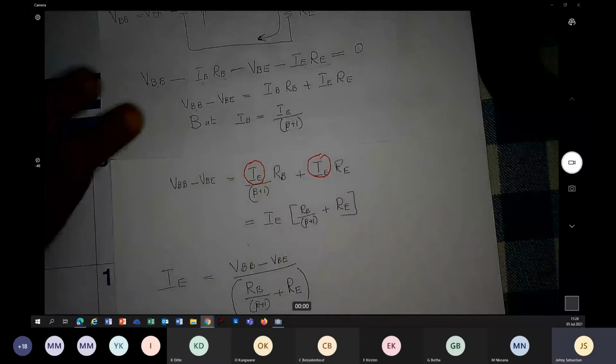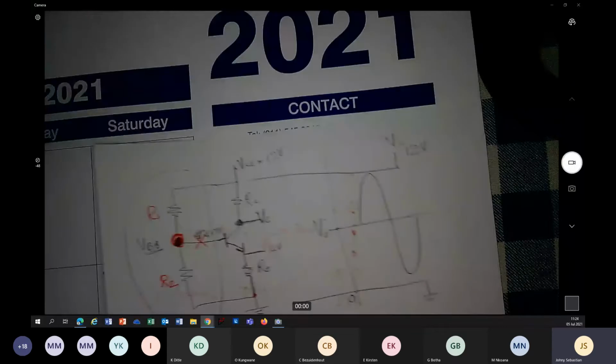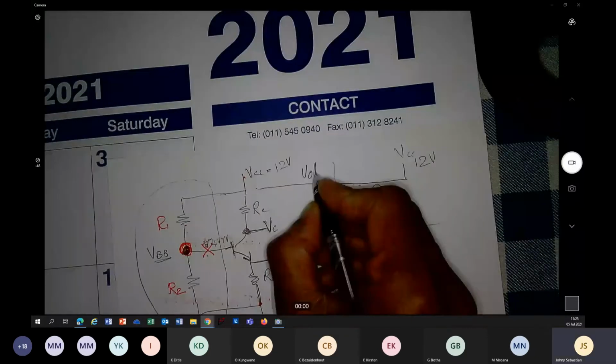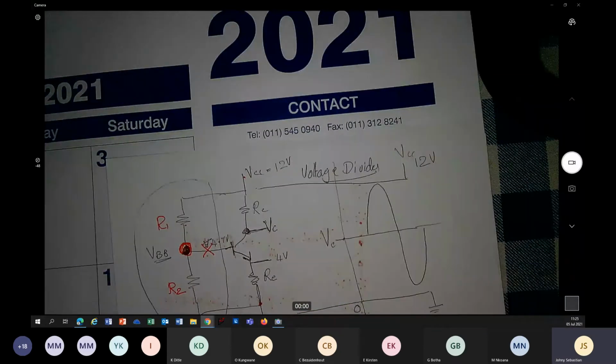What we did so far is we made something called voltage divider bias. In a voltage divider bias, we have certain benefits in comparison to all the other types of biasing scheme.